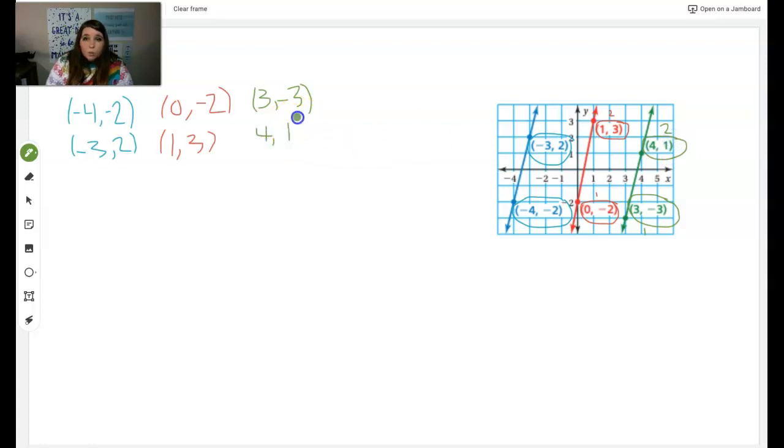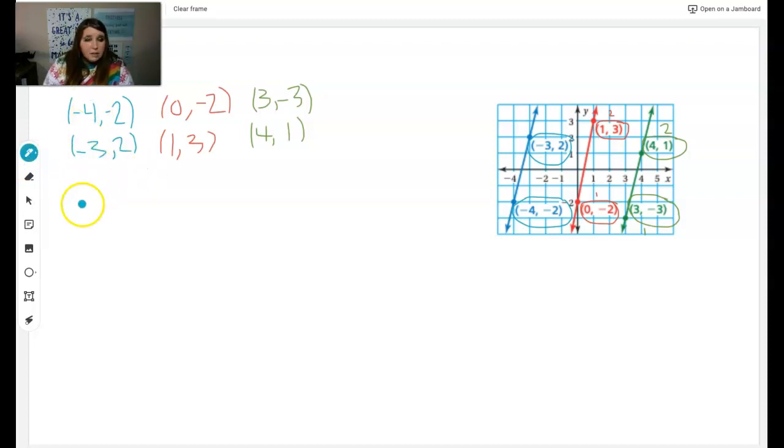We're going to use these addresses from these dots to find the slope of the blue line, the slope of the red line, and the slope of the green line. You can also use your rise over run if you would like, for solving as well.